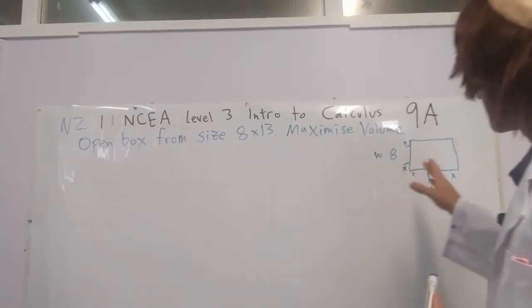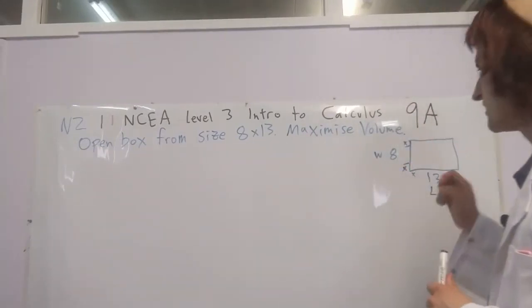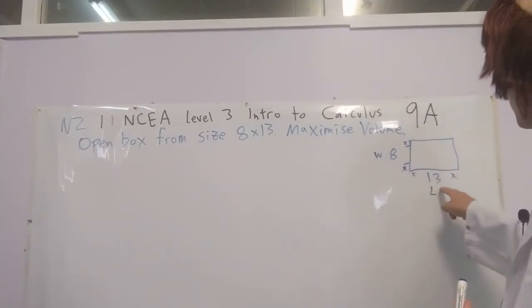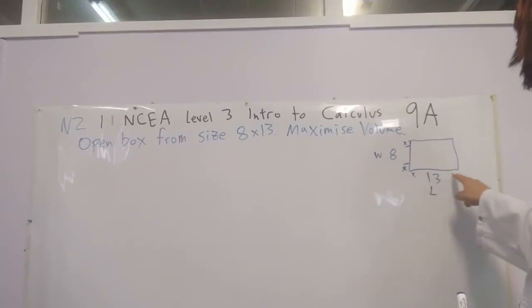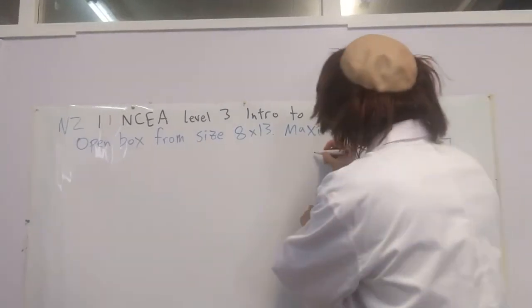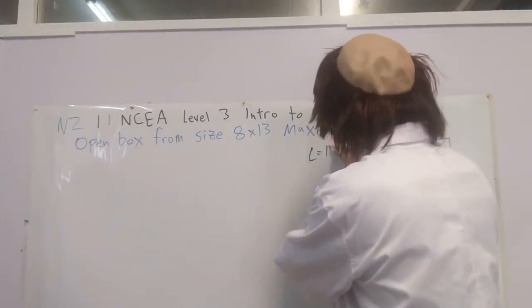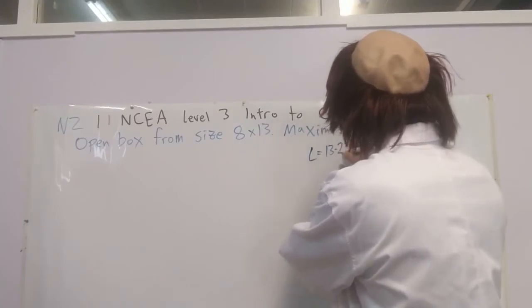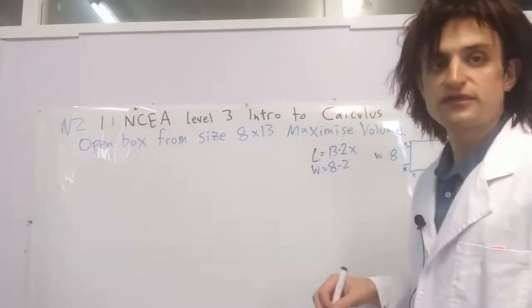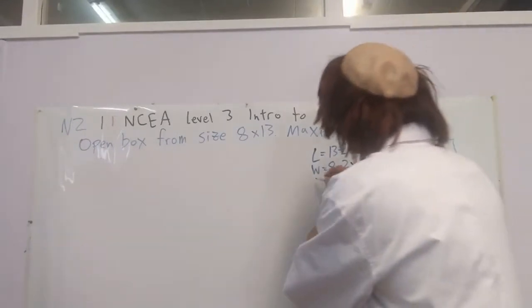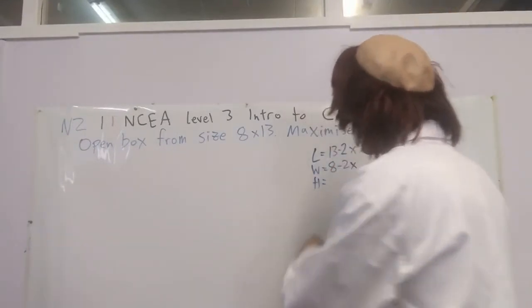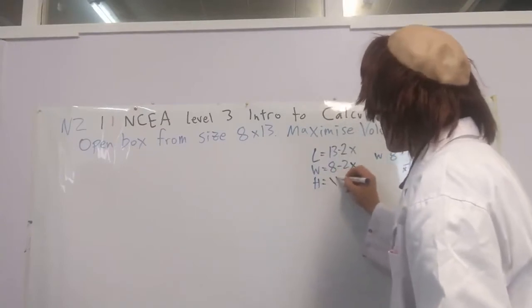So now let's find the dimensions of this box. The length would be 13 minus x minus x. So L equals 13 minus 2x. The width would be 8 minus 2x. And the height would be equal to x.